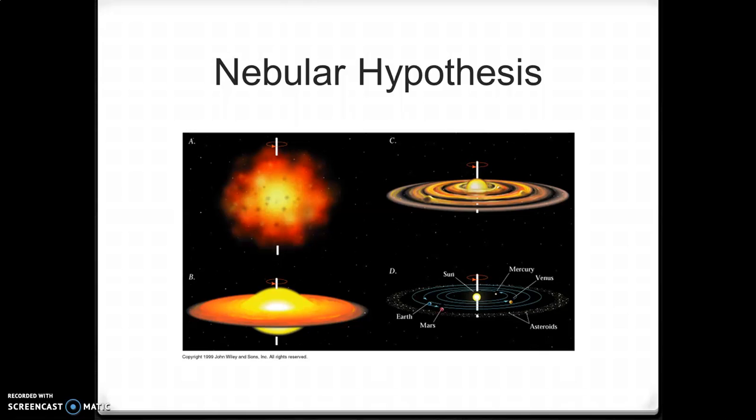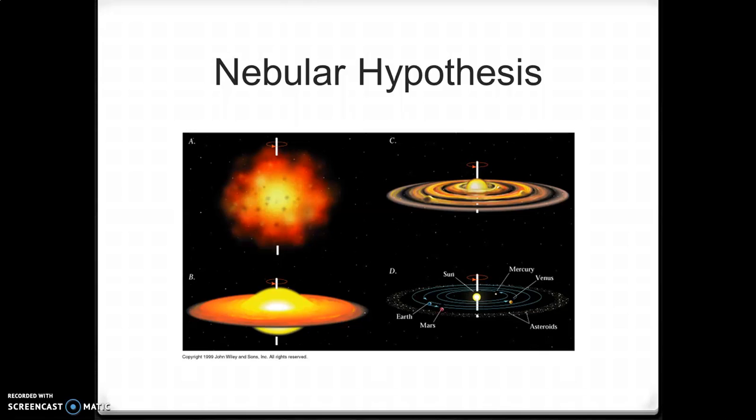Some 40 years later, Pierre-Simon Laplace worked on the existing Kant model, explaining that with the Sun already formed, the continuous rotation of the solar system around an axis would create the planets. Laplace assumed that the Sun cools off as it radiates away its heat, which would also cause its contraction. As the contraction continues, the Sun's rotational velocity would increase.